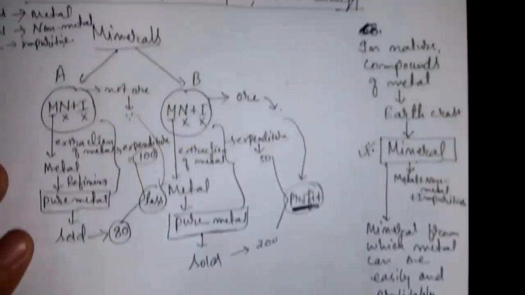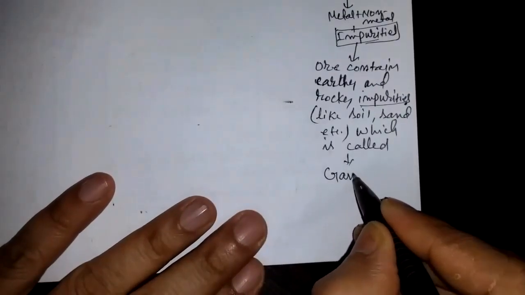So ore contains earthy and rocky impurities like soil, sand, etc., which is called the next term, gangue.